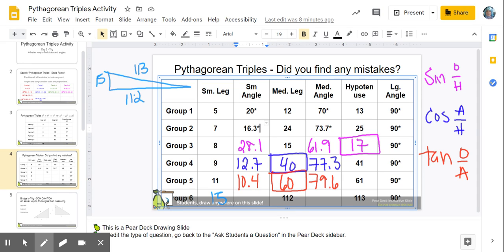So then if I put my X at this tiny little sliver of a corner, that's the angle that I'm looking for. So if I go straight through the middle of the triangle to the opposite side, the 15 is the opposite. That's step number one. You have to label your opposite, your adjacent, your hypotenuse.